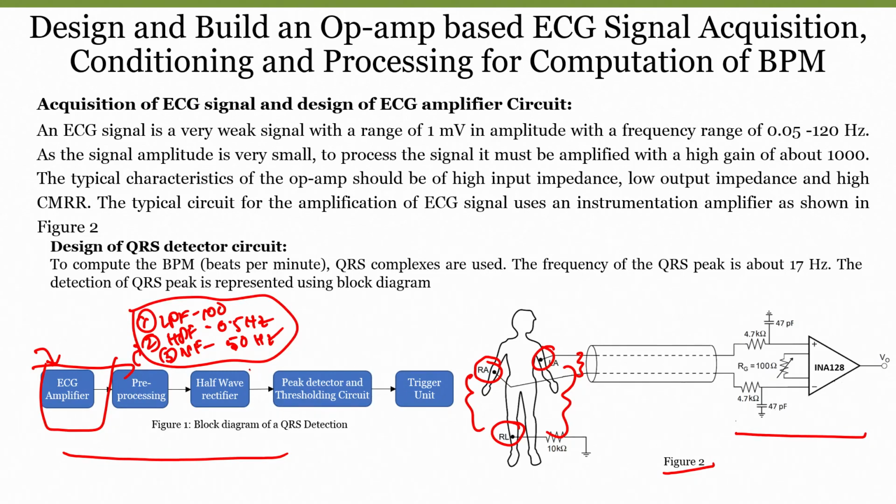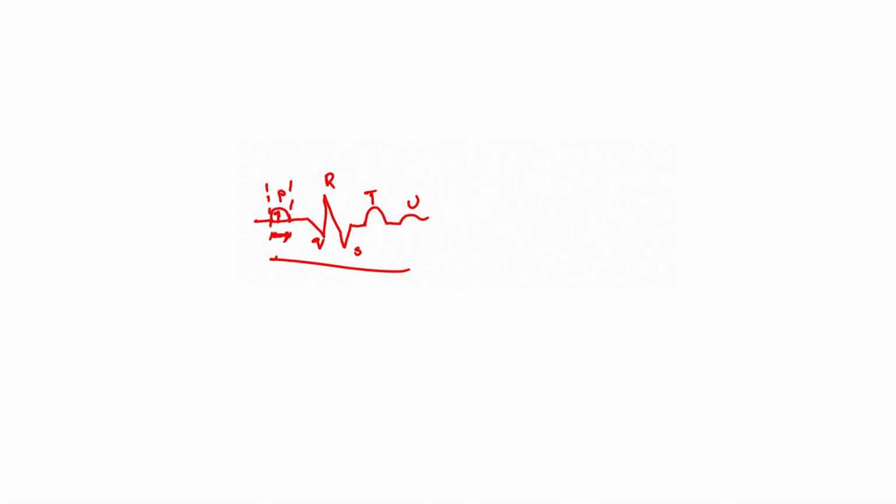Why do we need a half wave rectifier in this case? The reason is that we need to know how many QRS peaks there are, but when we look at our PQRS wave, we can see there is one peak here. Now there is one more, which is called a valley, a negative peak. R is also a peak, then S is a valley, maybe a negative peak, and T is also a peak and U is also a peak, but our interest is only in positive peaks, and I do not want to allow negative peaks to pass through.